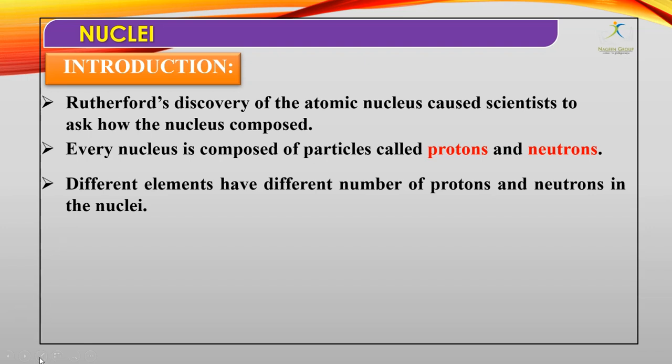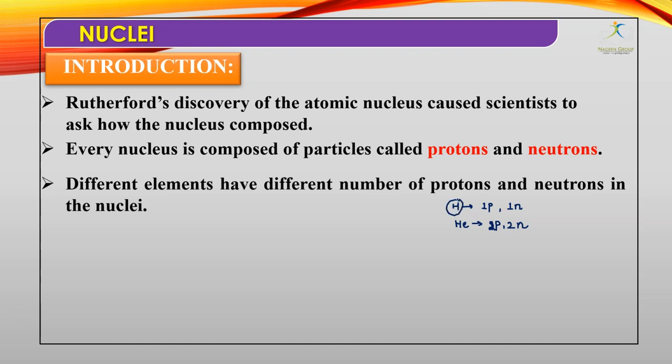Like in the case of hydrogen, they have one proton and one neutron. But in the case of helium, they have two protons and two neutrons.